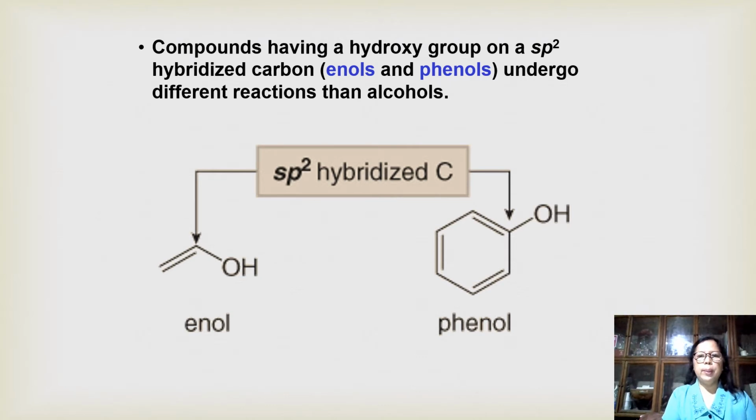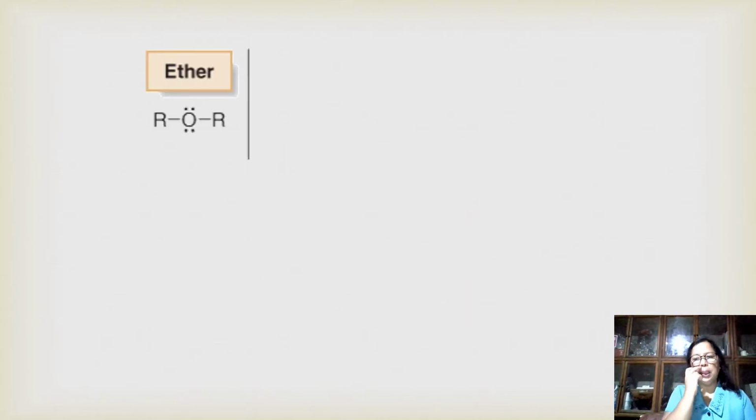So this is what makes it different from the aliphatic alcohols or alcohols. So if you have seen the enol group, the double bond C-OH functional group, the carbon there is hybridized as sp2. For single bond, sp3.